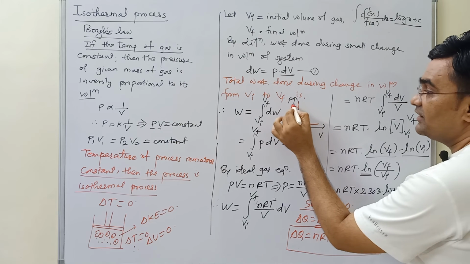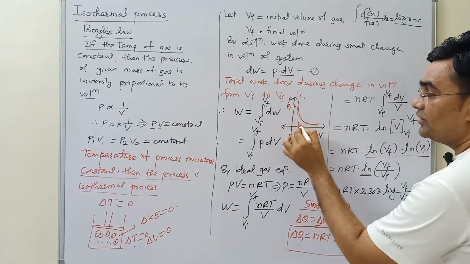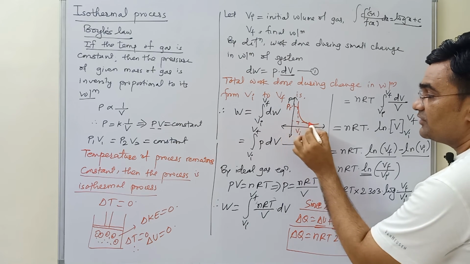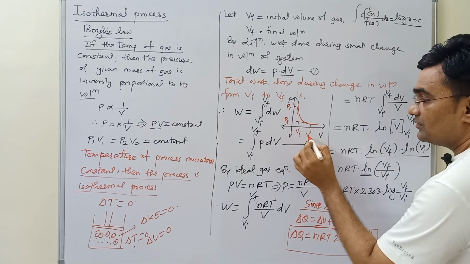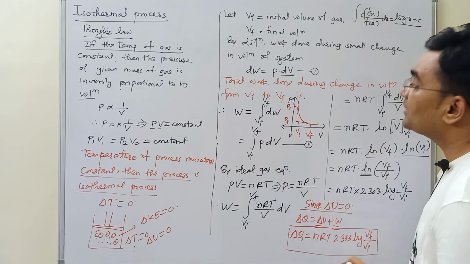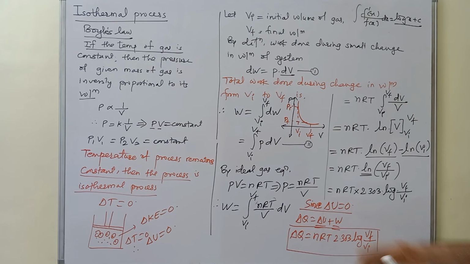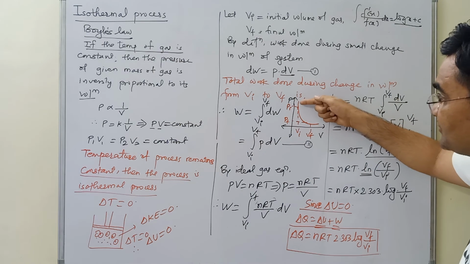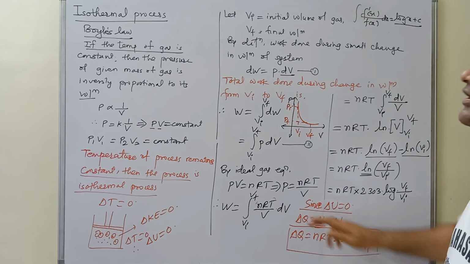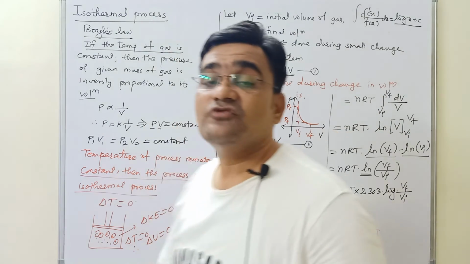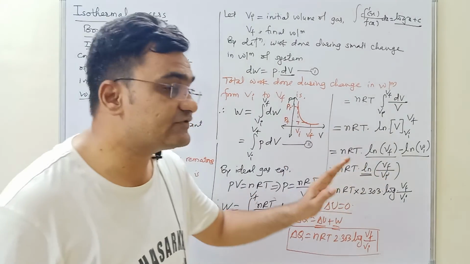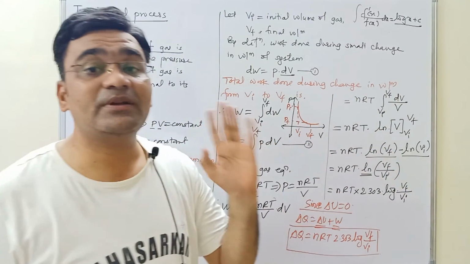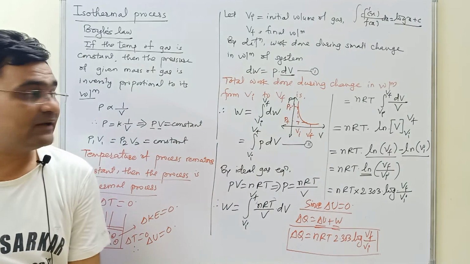Corresponding values of pressure and volume can be plotted here, Pf, Vf. So this graph indicates that the pressure-volume curve is an exponentially decreasing curve when an isothermal process takes place. During an isothermal process, the entire heat given to the substance is converted into work. This is one of the important points that we have to keep in mind.